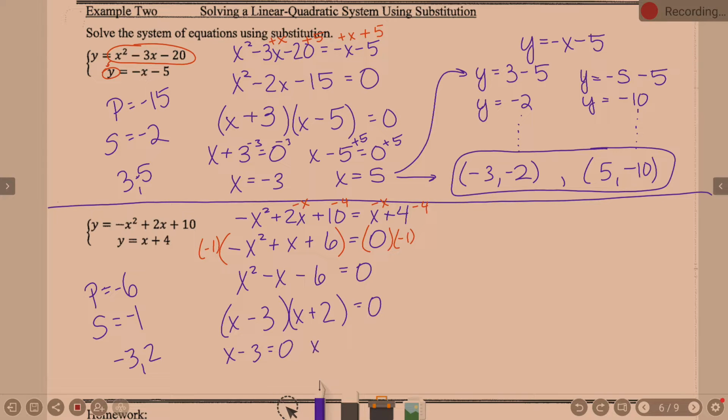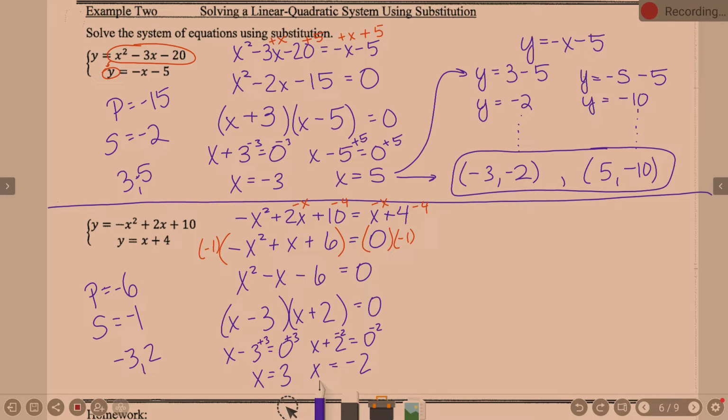X minus 3 equals 0. X plus 2 equals 0. What are your x values? Okay. Positive 3 and negative 2. Because on the x minus 3, I had to add 3.